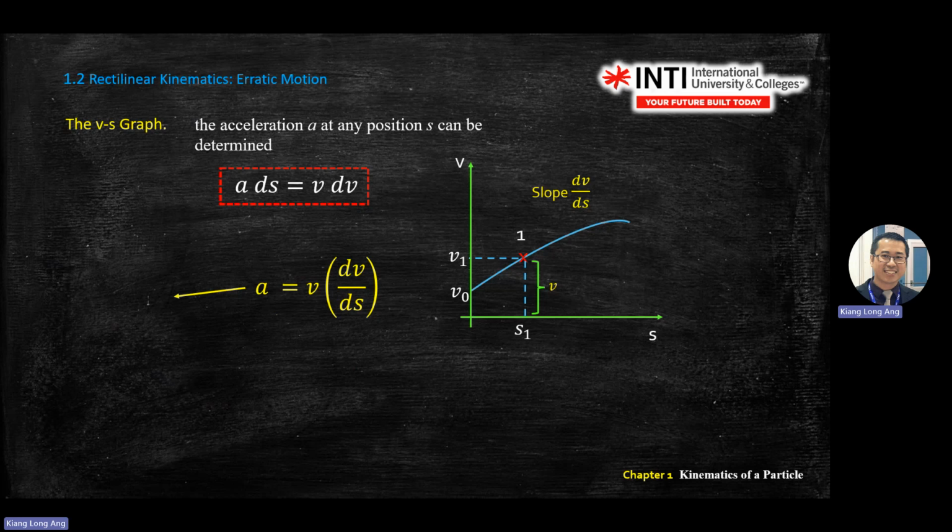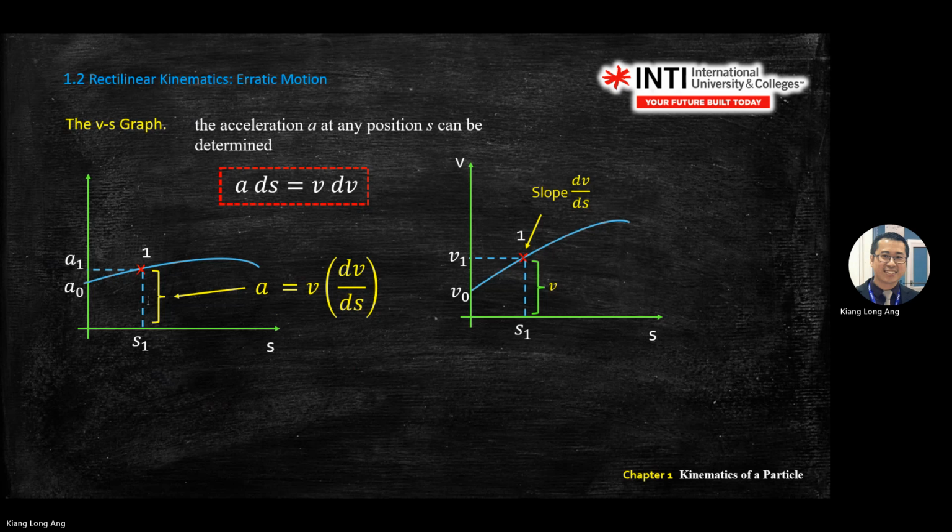That's why your slope is dv over ds. So the height of this one is actually this equation, a equal to v dv ds. This is the mathematics.